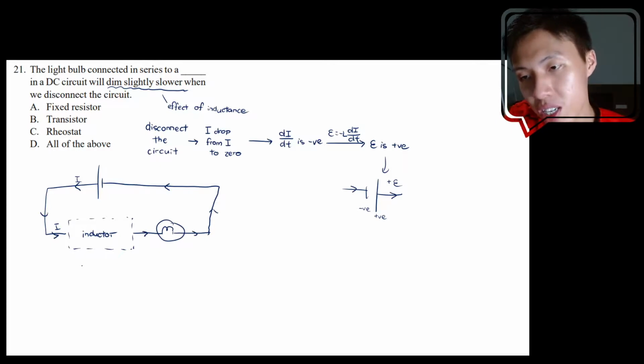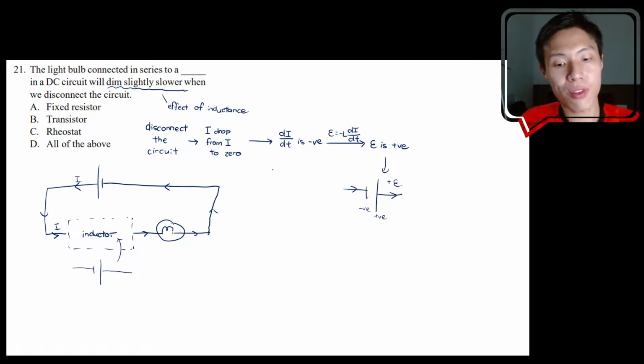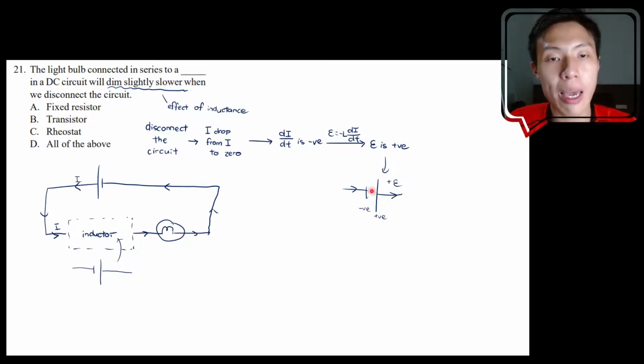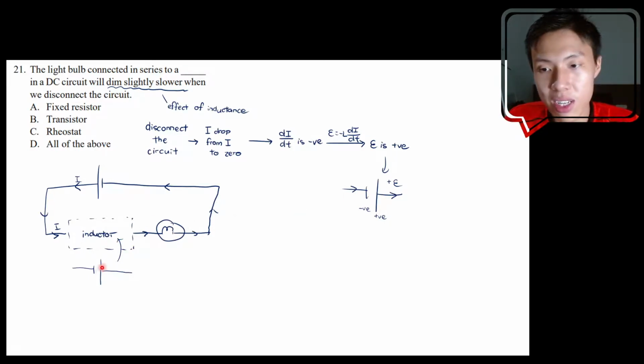So you can imagine it becoming like a battery like this, connected to replace the inductor. You get a positive induced EMF, you can imagine you can replace it with a battery. It's just a very short-term temporary effect. It only happens when you are disconnecting the circuit. You can think of it as if you suddenly change the inductor to become like a battery. But the battery, as you can see, is in this direction over here.